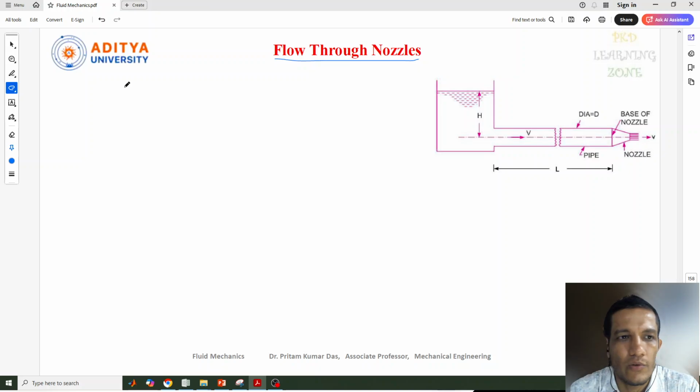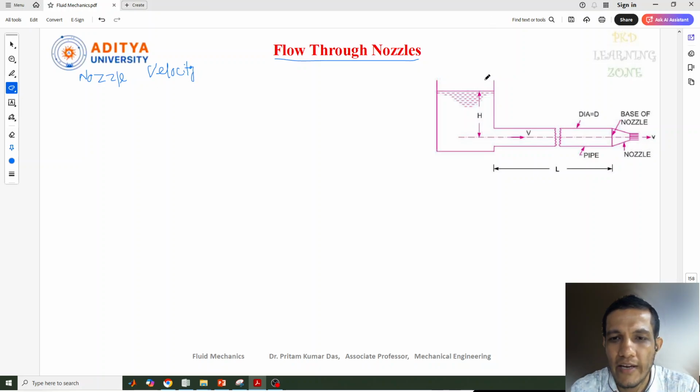So why is the nozzle fitted here? To increase the fluid velocity.